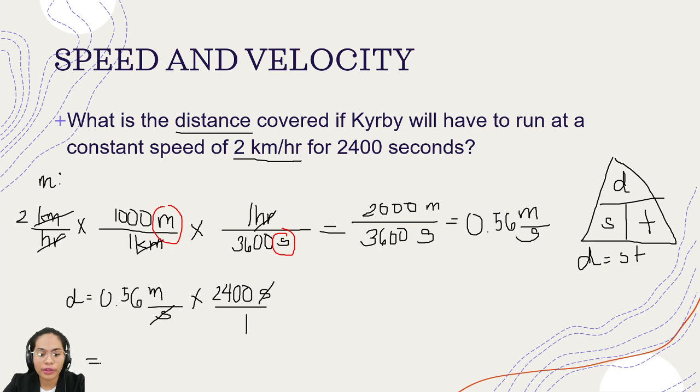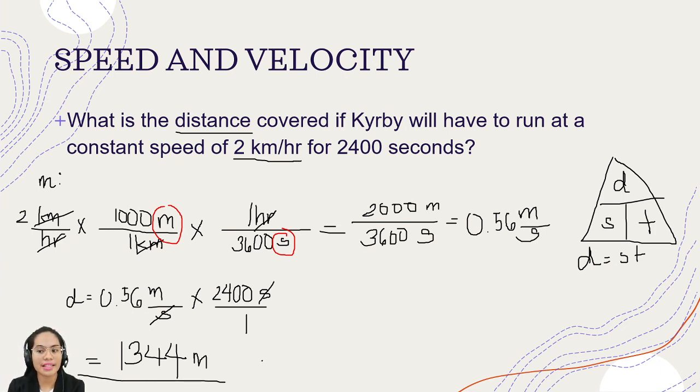So if we're going to solve this one, it should be 0.56 times 2,400. This is equal to 1,344 meters. So this is now our distance covered.